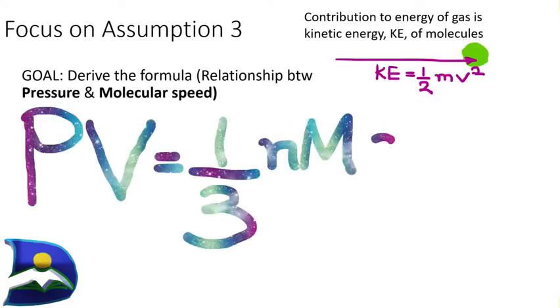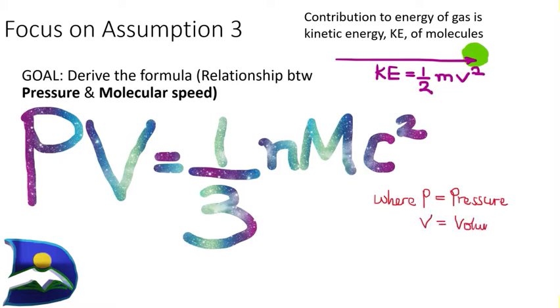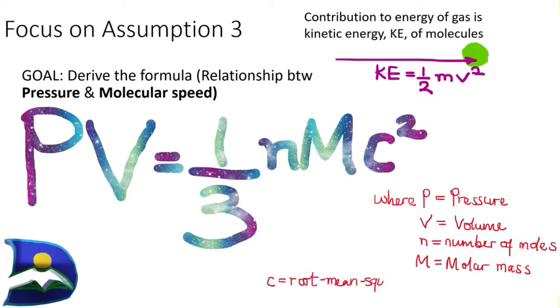This almighty formula, as I call it, is represented as P, which is pressure, multiplied by the total volume V of the area where all the gases are contained, and this is equal to 1/3 of the number of moles, n, multiplied by the molar mass of the gas in question, and finally c squared, where c is the root mean square speed of the specific gases.